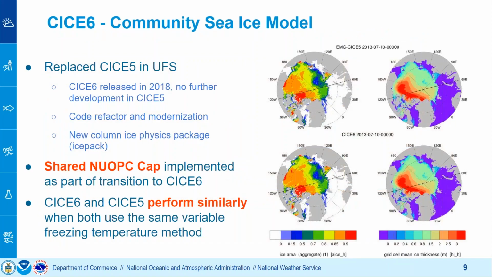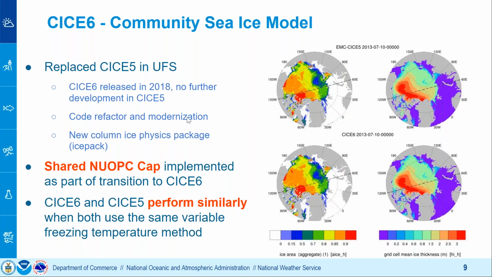Next, on CICE6, it is the community sea ice model. One major achievement is we replaced CICE5 with CICE6 in UFS. CICE6 was released in 2018, and there is some code refactoring and modernization, and there is a new ice physics package, and it is integrated into UFS.